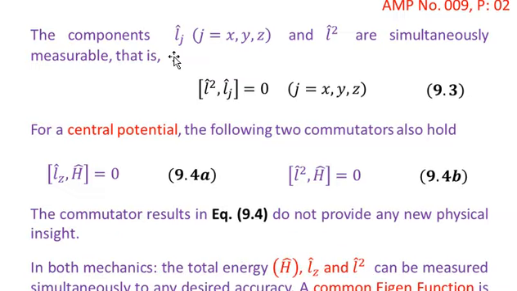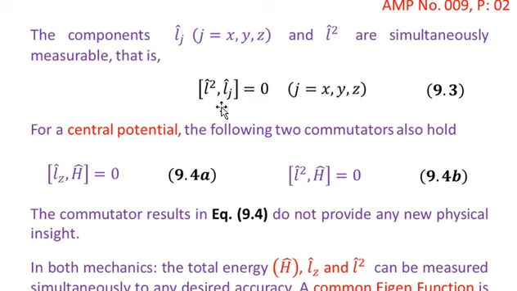The components Lj, where j stands for x, y, and z, so it means that I am talking about the three components Lx, Ly, Lz, and the L square operator are simultaneously measurable. That is, L square and Lj, the commutator of these two operators, is equal to 0.